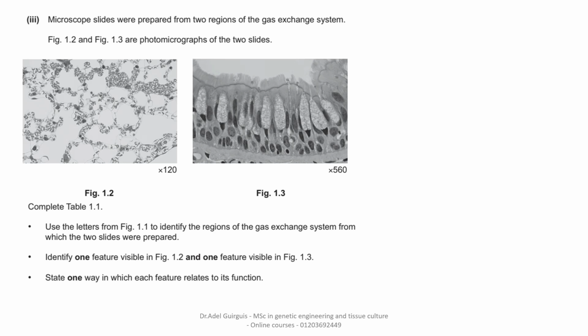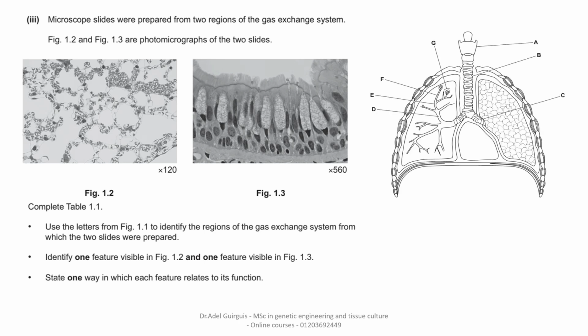Use the letters from figure 1.1 to identify the regions of the gas exchange system from which the 2 slides were prepared. Where is figure 1.1? Here we are asked to use the letters from A to G for figure 1.2 and figure 1.3.